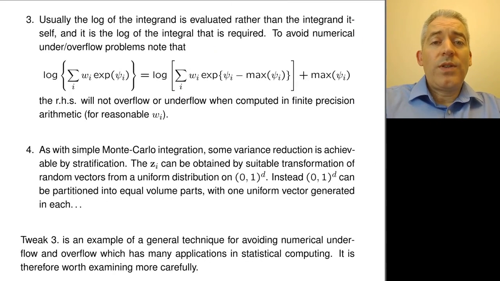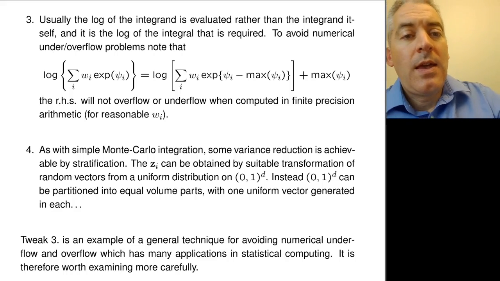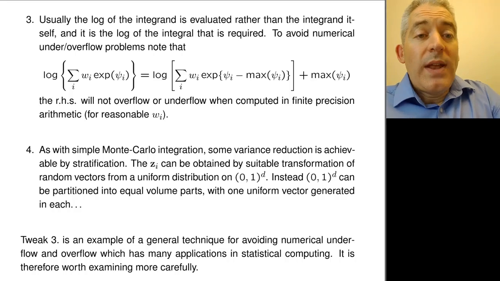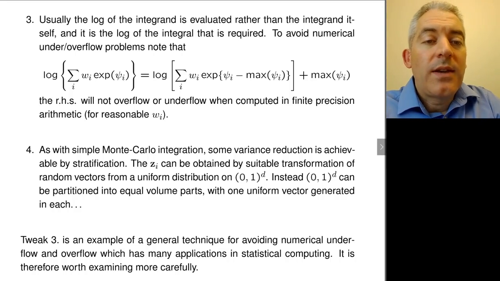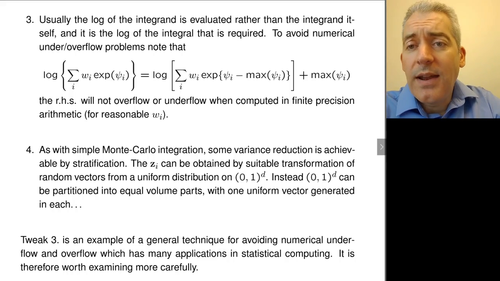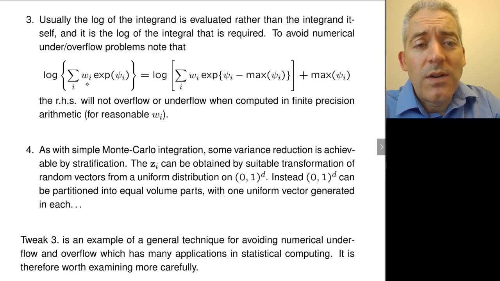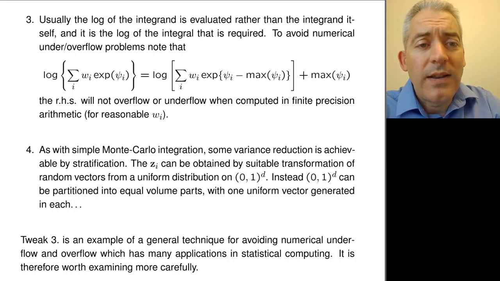The other thing worth saying is that you end up essentially wanting to evaluate raw likelihoods in that integral, and we know that we nearly always want to avoid evaluating raw likelihoods. So we've probably got the log likelihood that we're then going to exponentiate and sum.